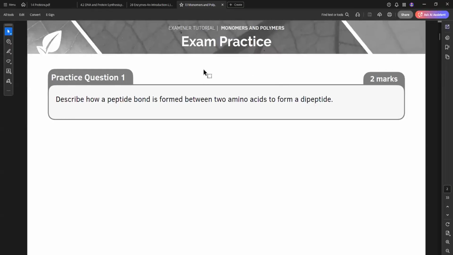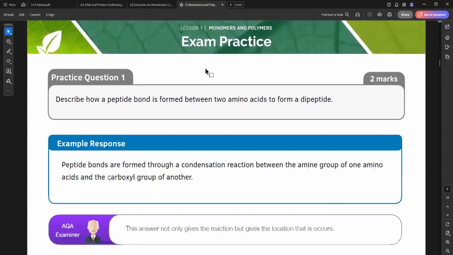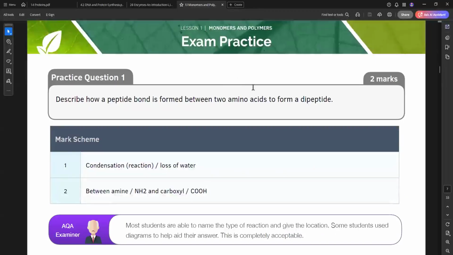Excellent. Fine. So we have gone through it before, so I'm not going to spend too much time. So is your condensation reaction between the amine of one amino acid and a carboxyl group of the other, or between the N-terminus of one amino acid and the C-terminus of the other?